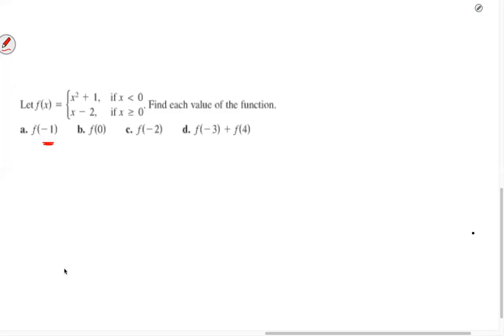Is negative 1 less than 0 or greater than 0? So when I plug in f of negative 1, I'm going to plug it into that one. And I'm going to get, what is that going to be, 2? Sound good?